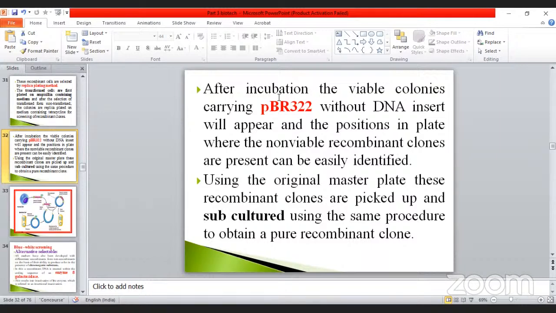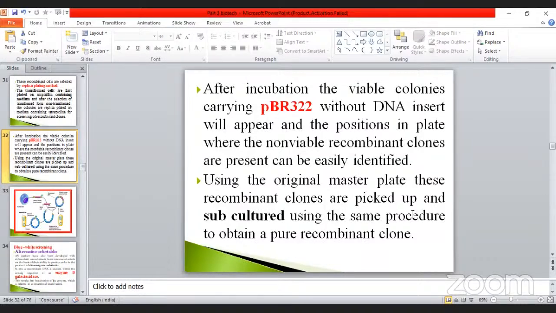There is no insertion; we are only growing them on the medium. They will appear at positions in the plate, and where the non-viable recombinant clones are present can be easily identified. Which one is non-viable and which one is viable, we can easily identify under these conditions.